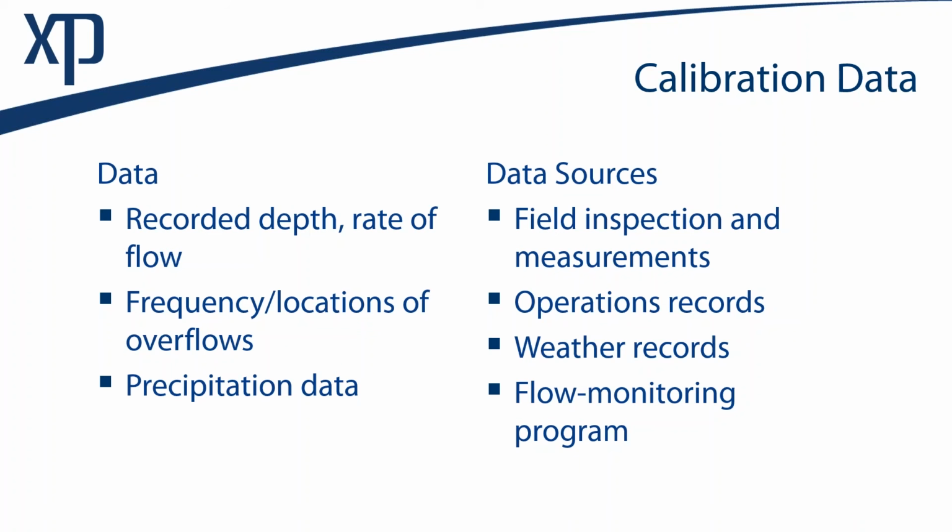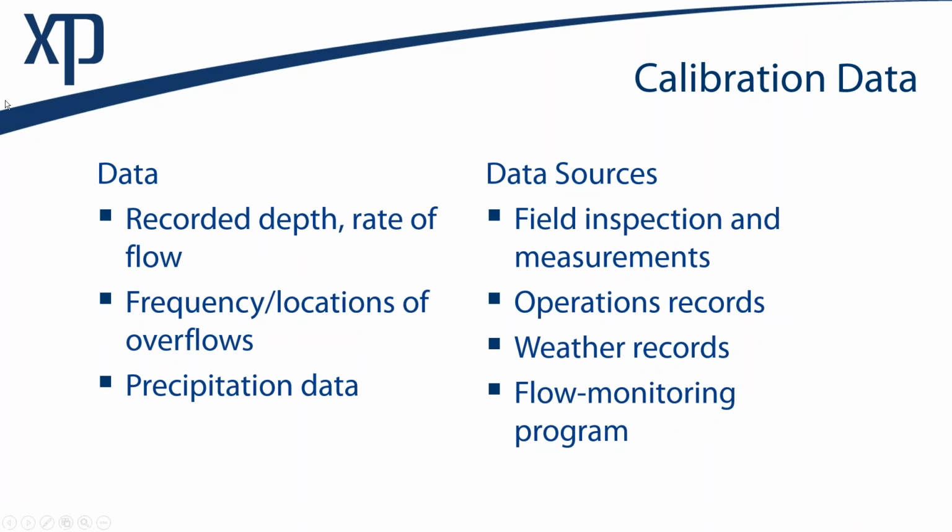But we also want to make sure that we are doing enough flow monitoring to understand what's going on in our network. Many times we're not, and maybe there's not as much budget for that as you'd like. But we really need to look at where we can monitor the network to make sure that we have accurate information about what's going on in the network, and we're not just taking a guess at it. And of course, the precipitation data we will get from historical weather data.